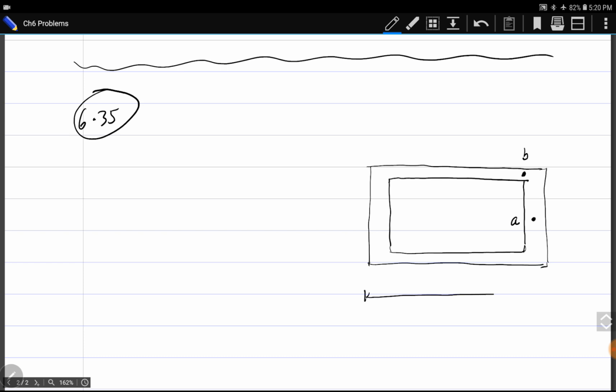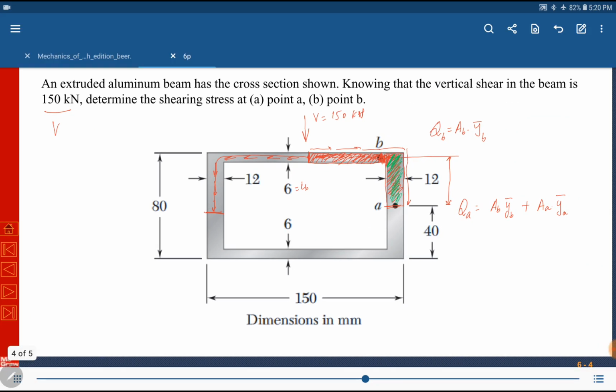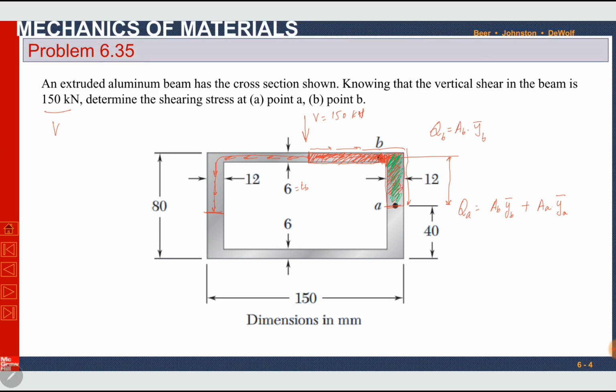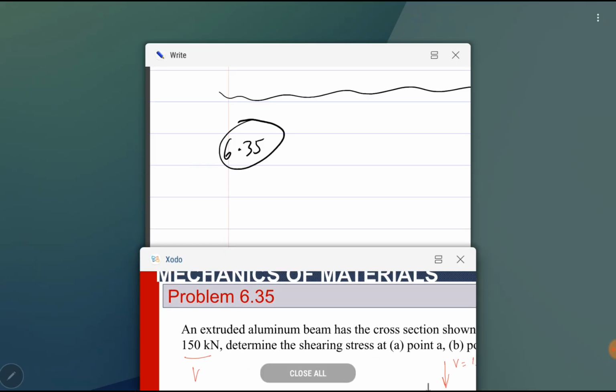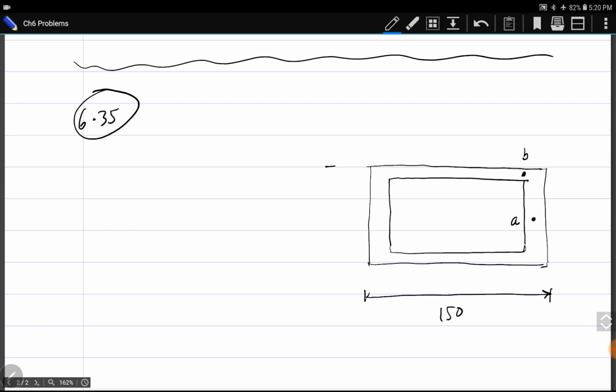This width is 150 mm. All the dimensions are in millimeters. Height is 80 and thickness is 6 and 12. Thickness of this part is 6 mm and thickness of this part is 12 mm.